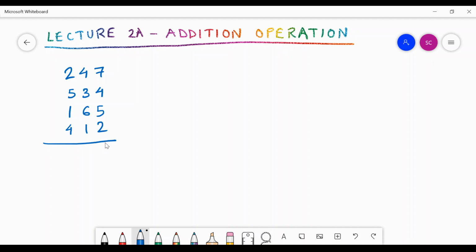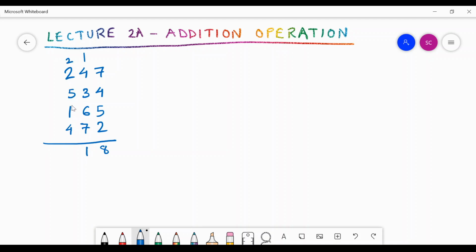We are trying to understand the process, what is actually happening. So 2 plus 5 is 7, plus 4 is 11, and 7 is 18. So 8 here and 1 as carry. Then 1 plus 4 is 5, 8, 14, plus 7 gives 21.